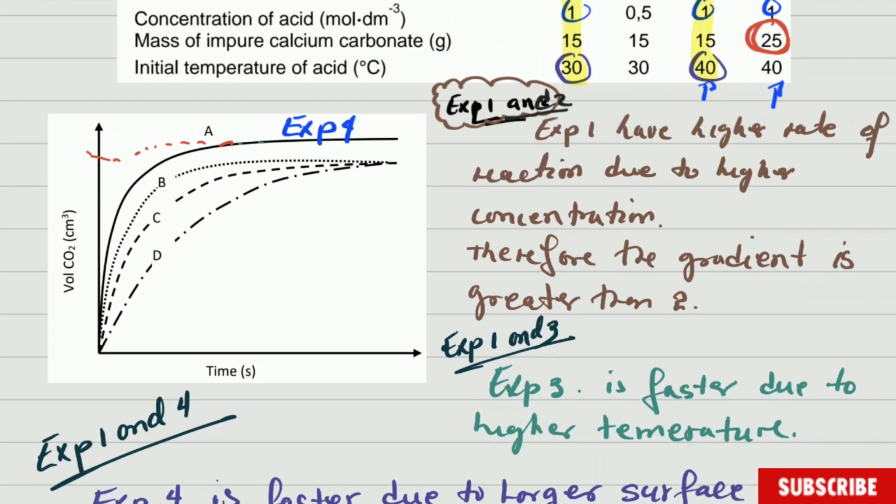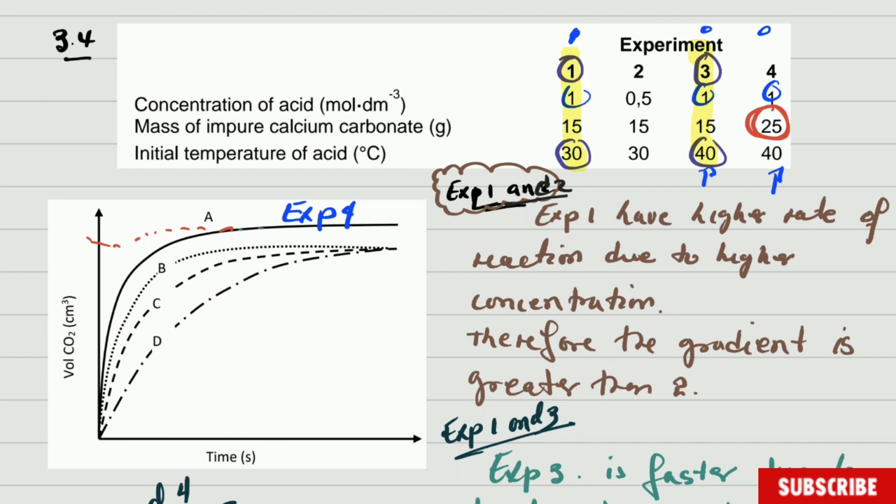From all this explanation, you can see that the slowest one is going to be experiment 2 because it has a lower concentration, but then the temperature is also lower, so everything is lower. So D is going to be experiment 2, telling us that C then is the answer for this question. C is experiment 1.